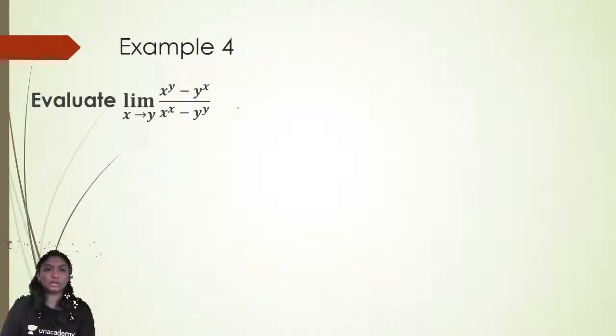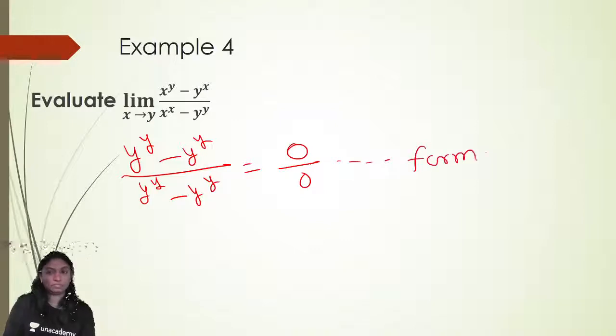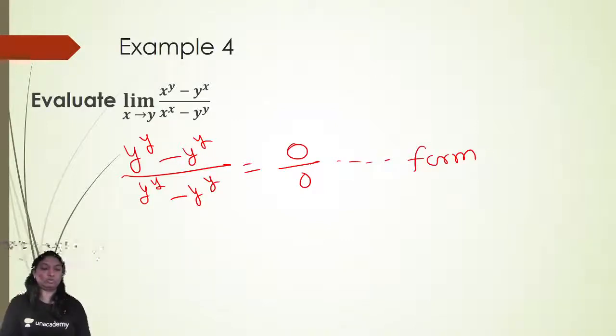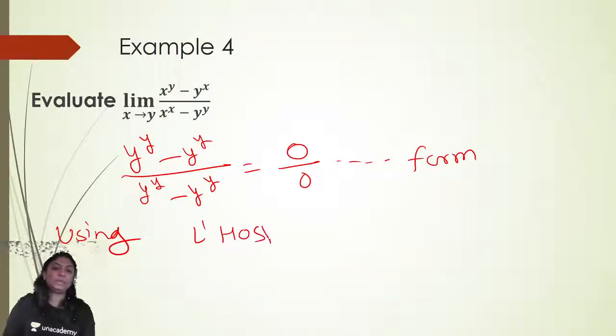So you will get limit as x tends to y, put the value here: y raised to y minus y raised to y upon y raised to y minus y raised to y. So again 0 upon 0 form. Now differentiating, limit as x tends to y, using L'Hospital rule, as we got 0 upon 0 form.